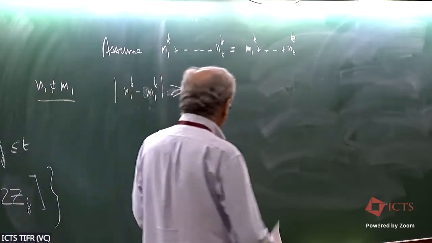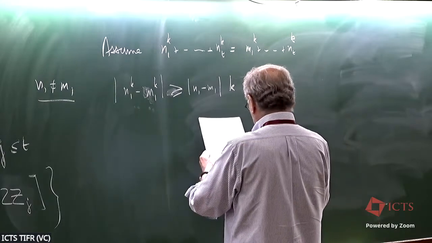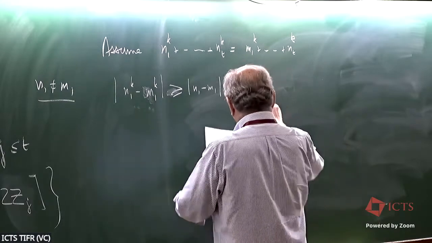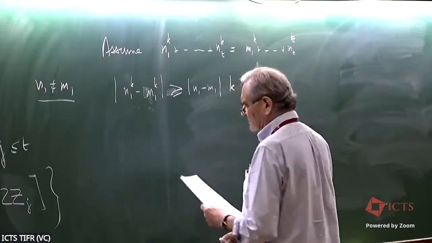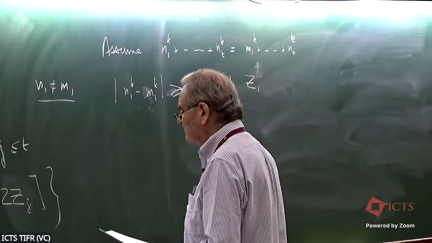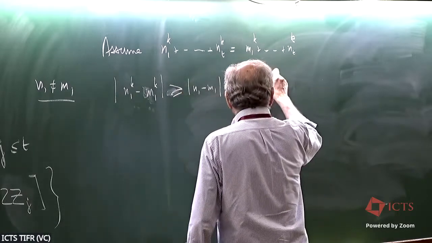I factorized by this, and so I have K terms, which will be Z1 to the power K minus 1. Is it K minus 1? Yeah, Z1 to the power K minus 1.